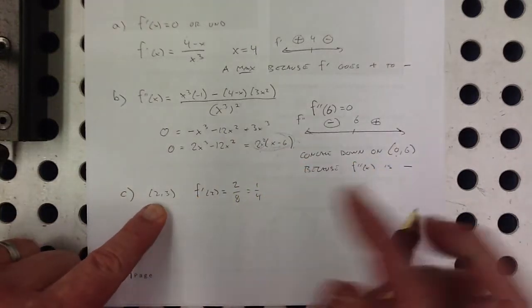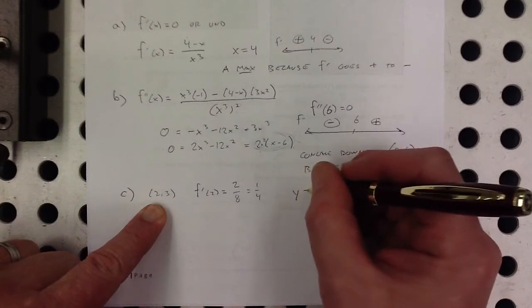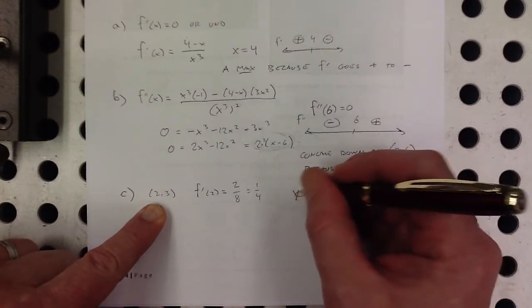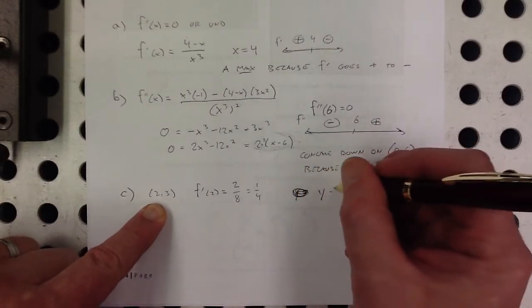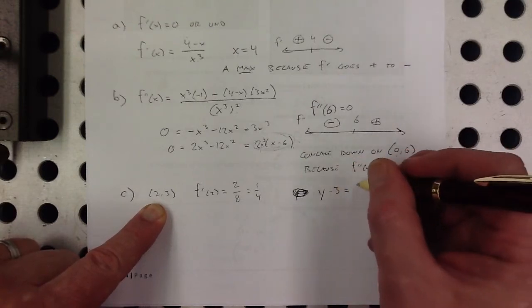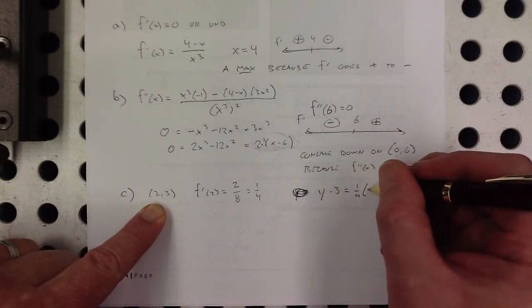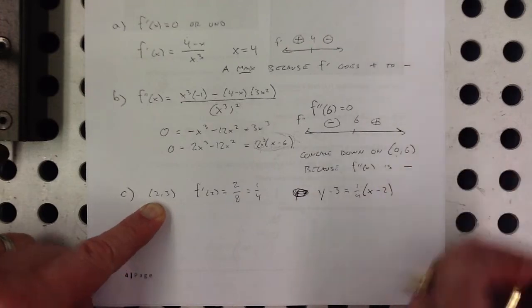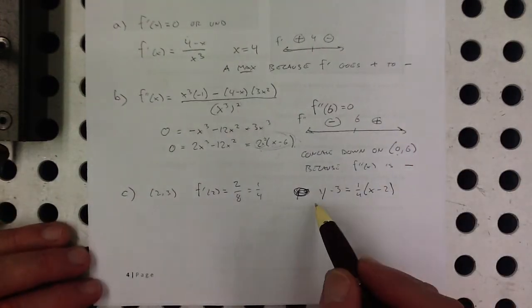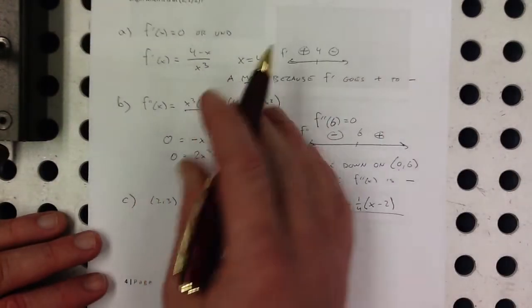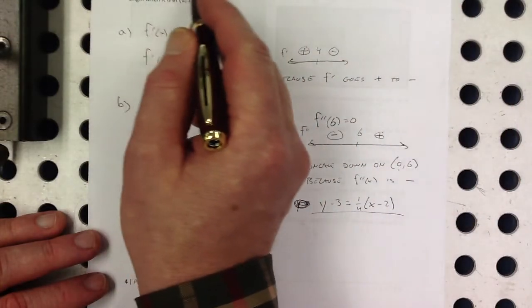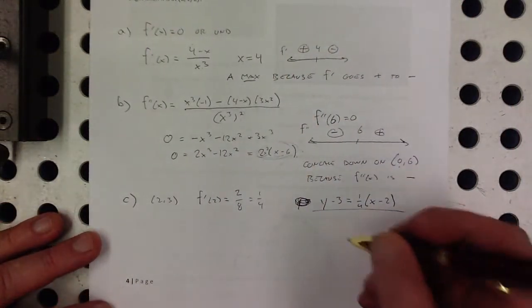So equation for the tangent line is y, let me do it in point slope, y minus 3 is equal to 1/4 times x minus 2. There's my tangent line.